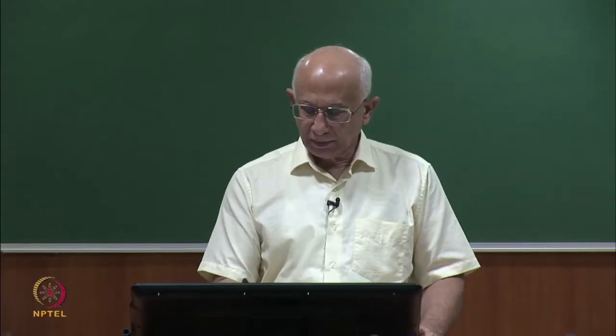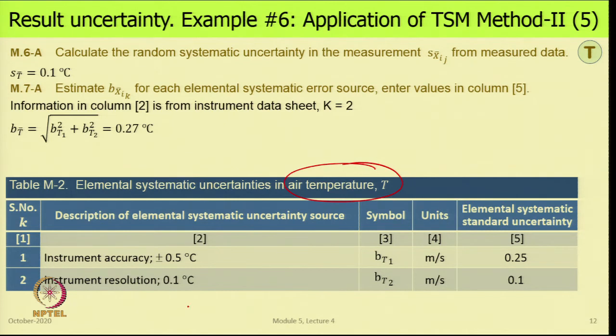We next look at air temperature, and remember this is something we want to calculate density and viscosity. We are given that the random standard uncertainty there is 0.1 degrees Celsius. We need to get the systematic standard uncertainty. So, again we do the same thing, look at what instruments tell us, and we have instrument accuracy is 0.05 degrees Celsius and at 95% confidence level this becomes 0.25, half of that.